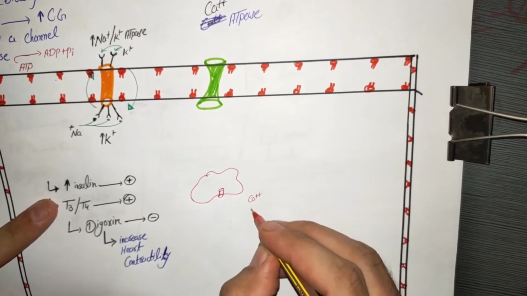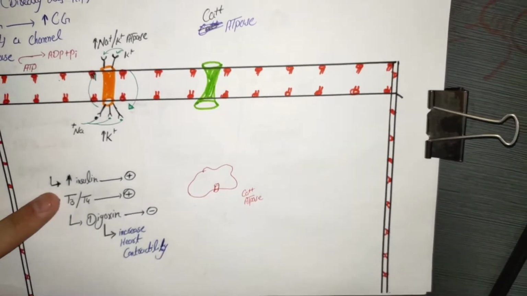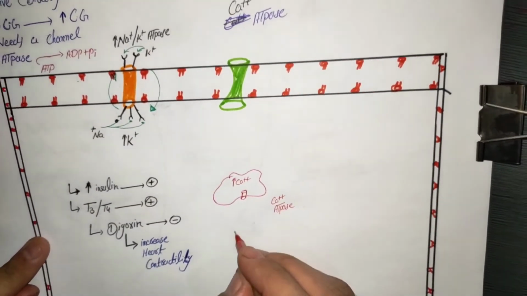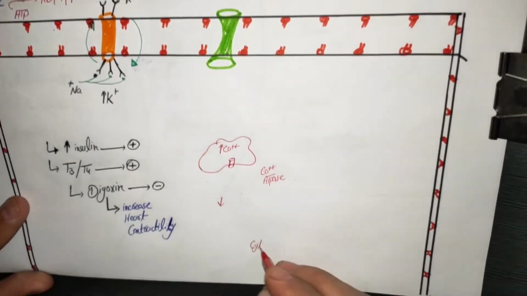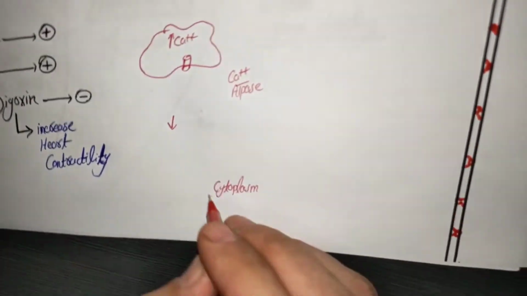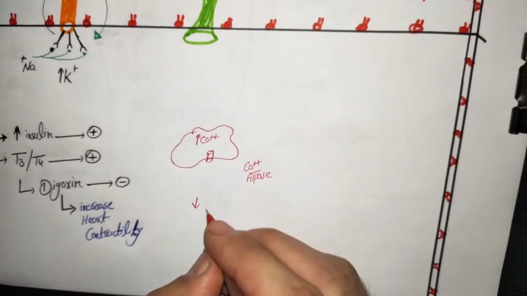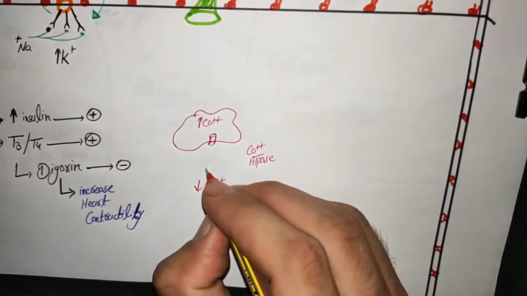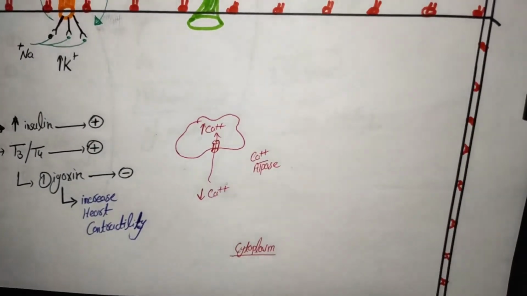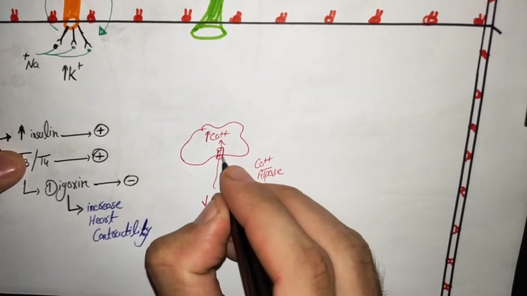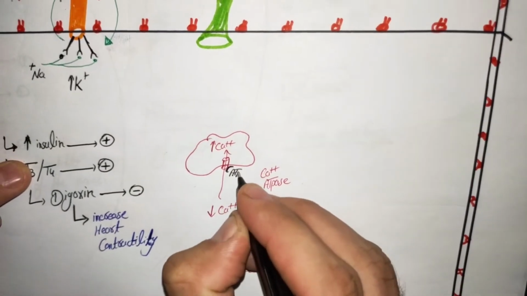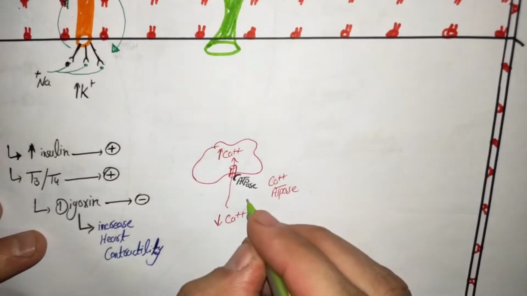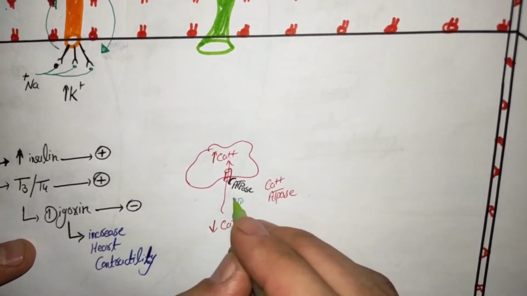As we know, we have less amount of calcium in the cytoplasm than inside of the sarcoplasmic reticulum. So if the calcium goes from the area of low concentration, means from cytoplasm to the sarcoplasmic reticulum, it should utilize ATP by an enzyme called ATPase.